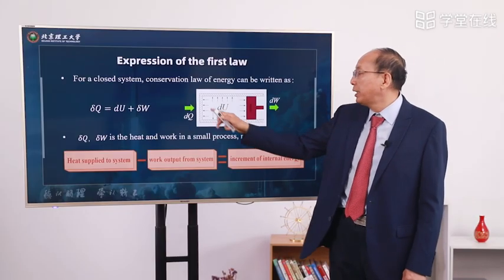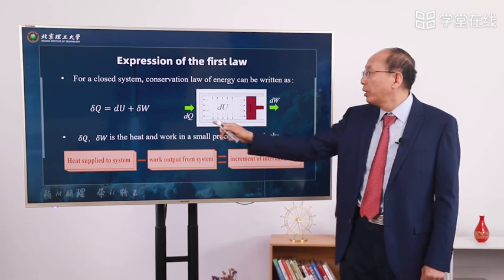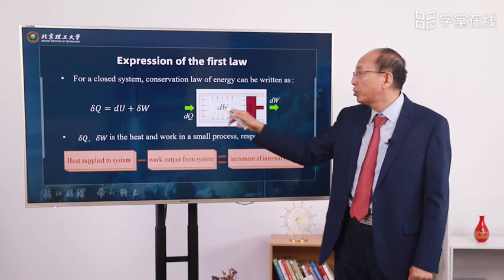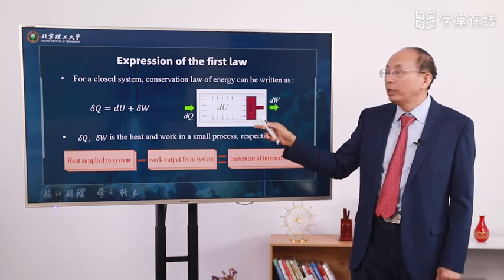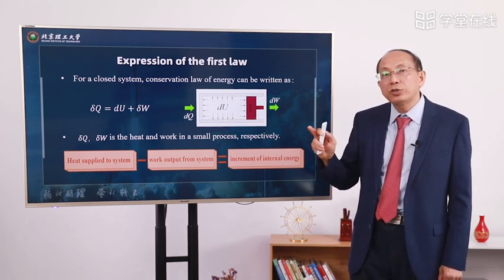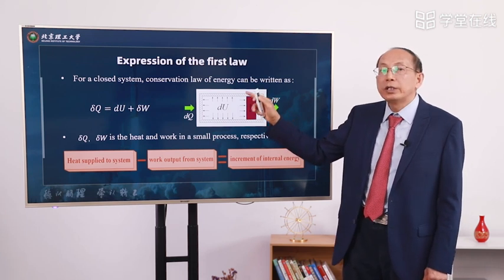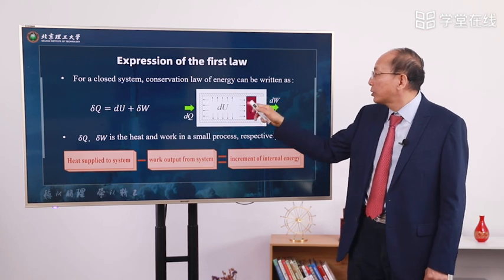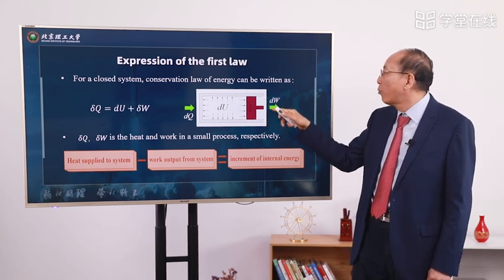For example, here is a piston. The piston is the system. If the outside gives some energy dQ to the system, part of it becomes internal energy stored in the system, and part of it becomes work.